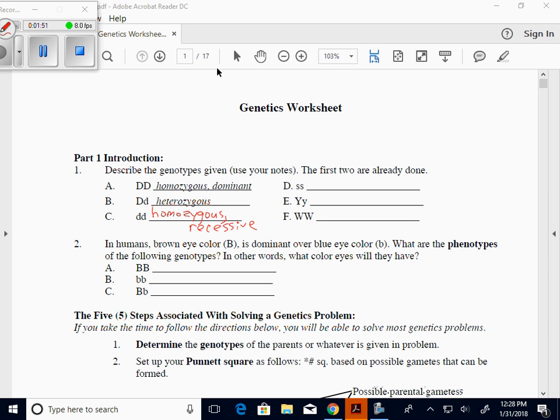What about letter D? Lowercase s. What is that? Once again, that one too is homozygous recessive.